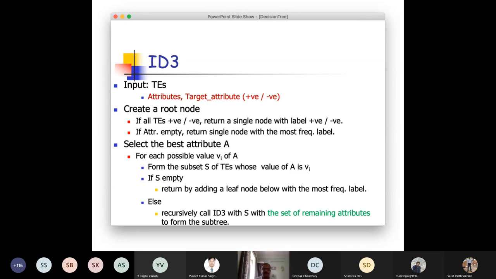So which means that once again with respect to this partition, when you are saying select the best attribute A, there itself we have considered the information gain, and then you are performing the same thing. What I have highlighted here, as I mentioned earlier also, is that in your tree formation process, in a particular path, when you are going to expand a node, you should only choose the remaining set of attributes as your candidate attributes.